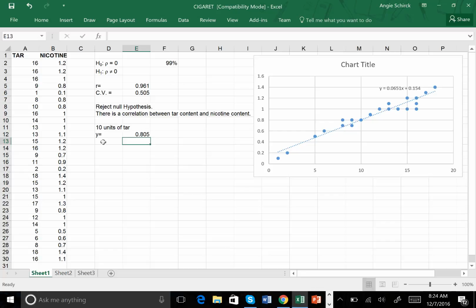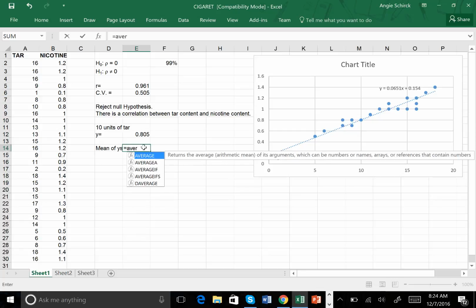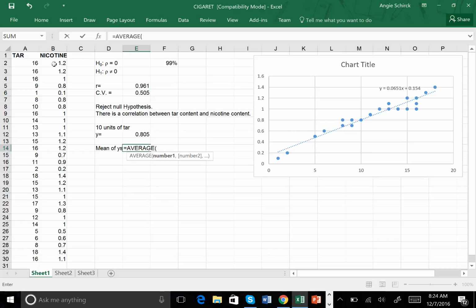0.805. Now, if there were no correlation between the two variables, then we would use the mean of the y's as our predictor. The mean of the y's would be found by taking equal AVERAGE, and then we would just average our y values.